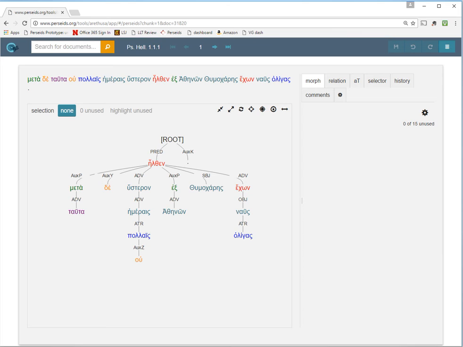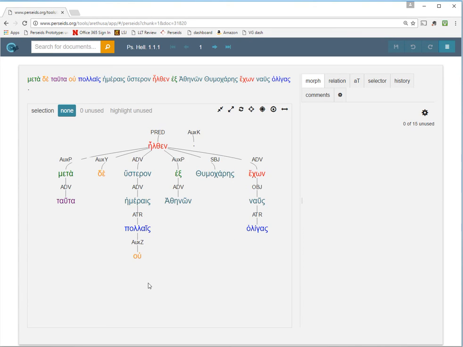Now you can see here the dependencies indicated between the various parts of the sentence. It's a short sentence, and it's just here to illuminate what's going on.